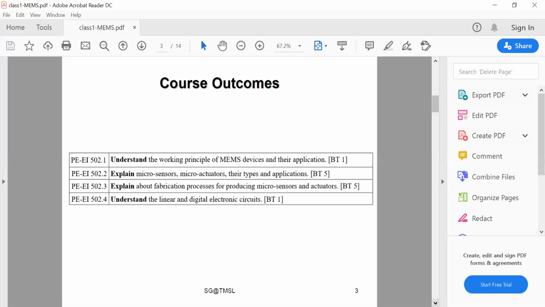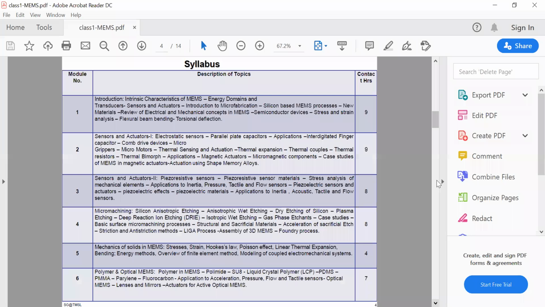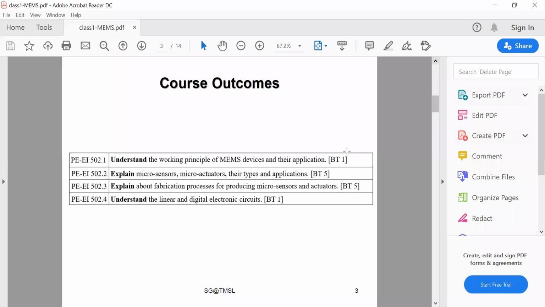So Bloom taxonomy level 1 is matched with this CO. Different levels are there for Bloom taxonomy, like BT1, BT2, 3, 4, 5, 6. Every CO must be matched with a certain Bloom taxonomy level. That's why it is designated in this way here. The second CO is to explain microsensors, micro actuators, their types and their applications.